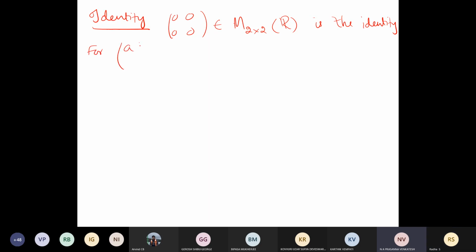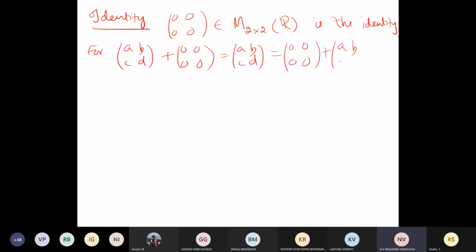For any A, B, C, D, A, B, C, D plus 0, 0, 0, 0 equals A, B, C, D equals 0, 0, 0, 0 plus A, B, C, D for all A, B, C, D in M2 cross 2 over R. You need not mention here that A, B, C, D belong to R; it is obvious.